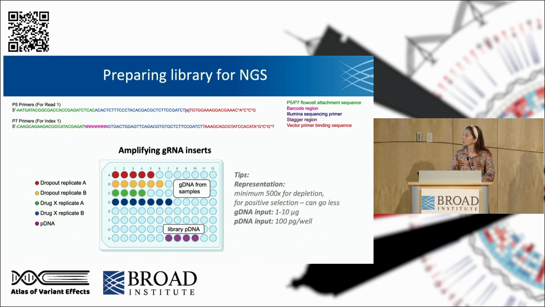On the same PCR plate as we load our gDNA samples, we also allocate a space for the plasmid DNA pool which was used for preparing the lentiviruses. And here, this pDNA pool could be further used as one of the reference points for the screen analysis.